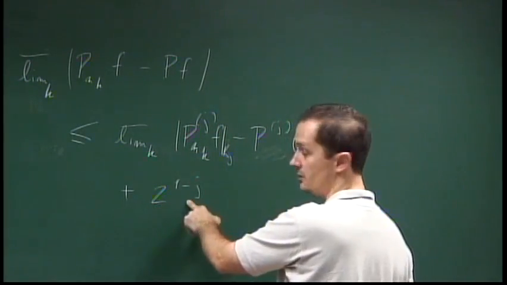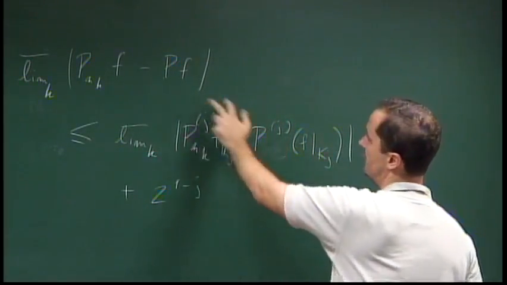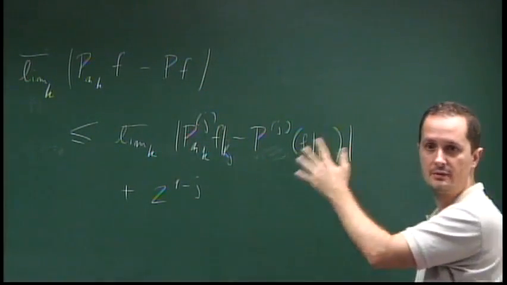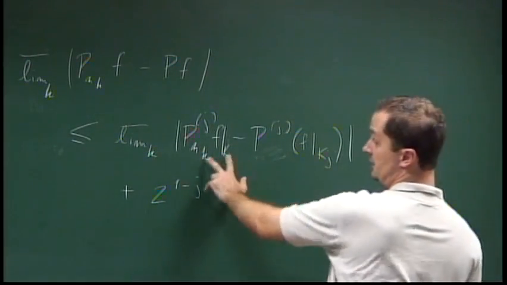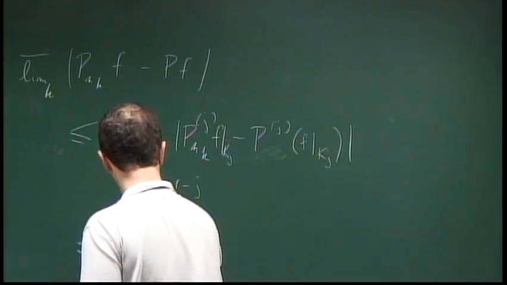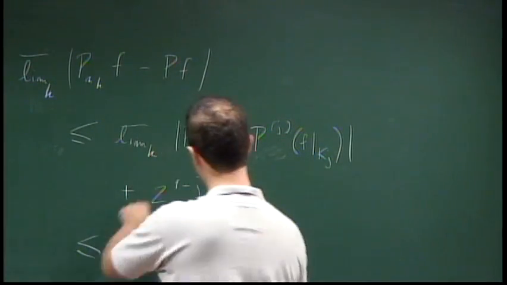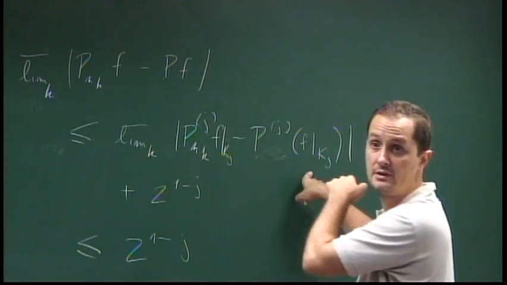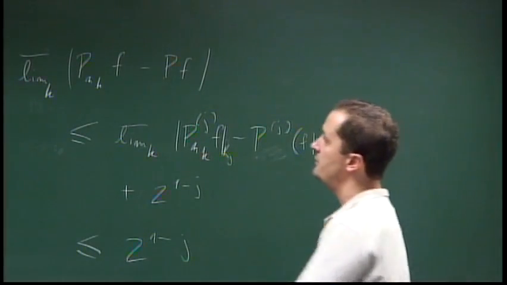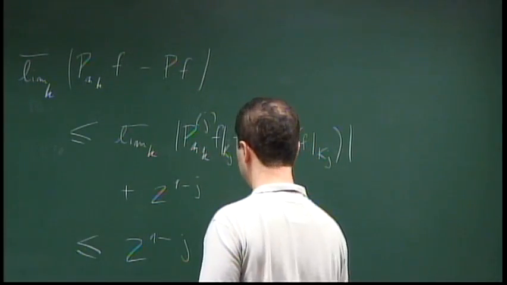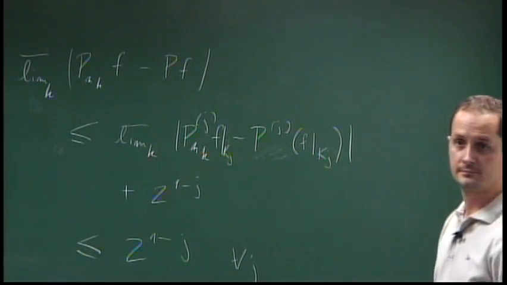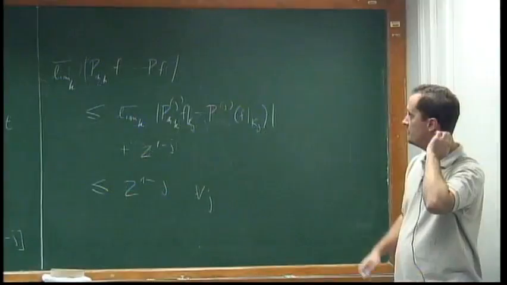I pay the price of 2 to the minus j, and replace this guy by this guy, I pay the price of 2 to the minus j, so I pay that price twice. This limit is 0, we know that it's 0. So what we show is that the lim sup is less than 2 to the 1 minus j for all j, and therefore it's 0.